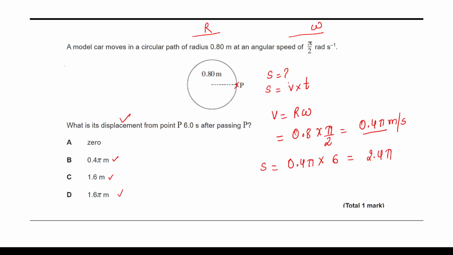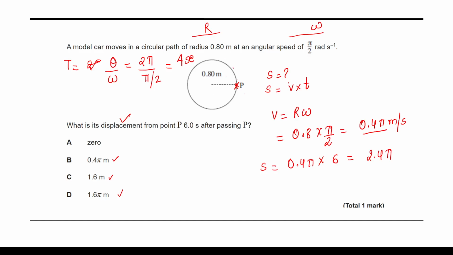I'm going to calculate the time using angle divided by angular velocity. What's the angle in one complete circle? It is 2 pi. 360 degrees is 2 pi radians, and then divide by pi over 2. So you get 4 seconds. It starts from P and comes back to point P in 4 seconds.